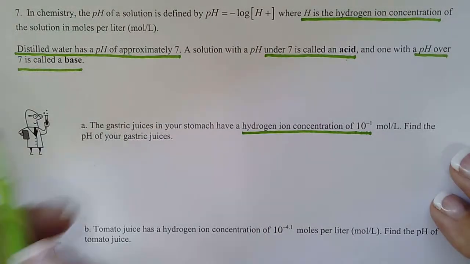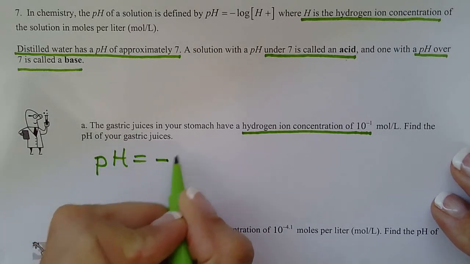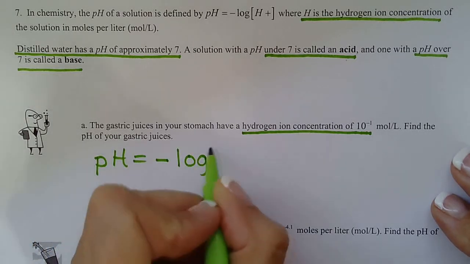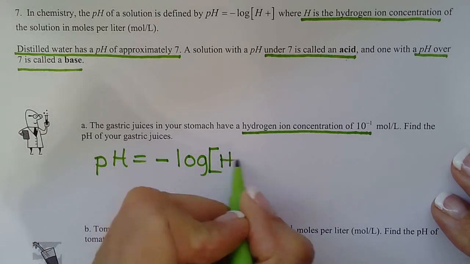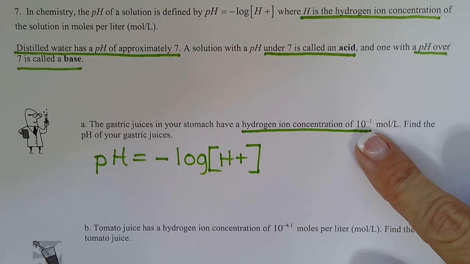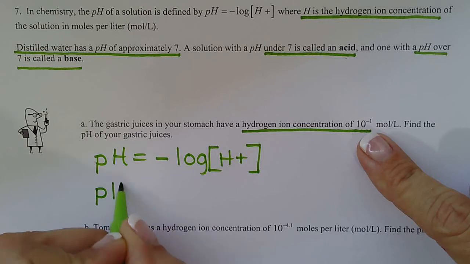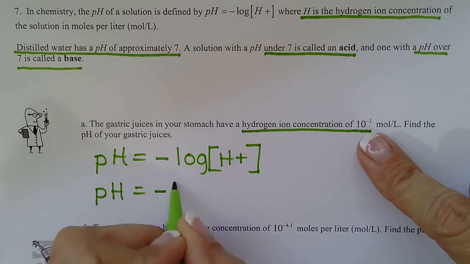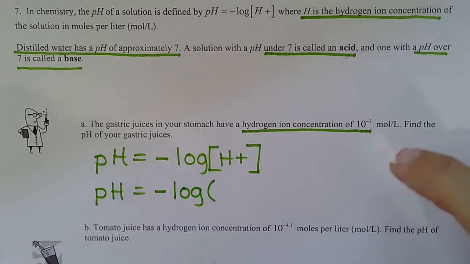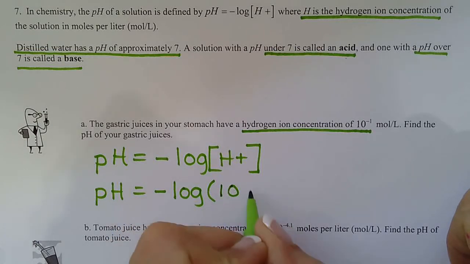Well, we're going to take this formula: pH equals the opposite of the log of the hydrogen ion concentration. And they gave us the hydrogen ion concentration. So we are going to plug it in. So opposite of log of, put that in place. So it'd be 10 to the negative 1.